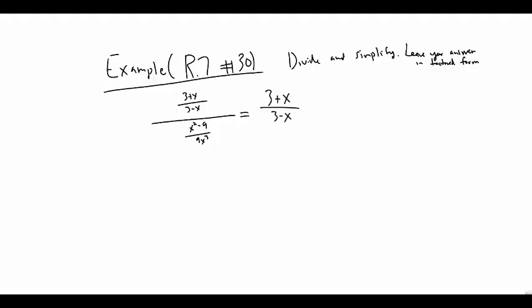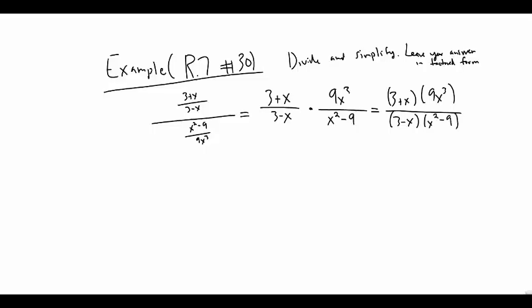It's the top expression times, remember, times the reciprocal of the bottom rational expression. It equals that product. And again, we can now multiply the numerators together and multiply the denominators together.